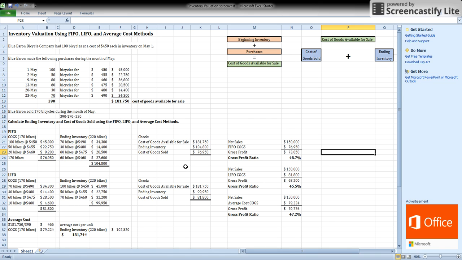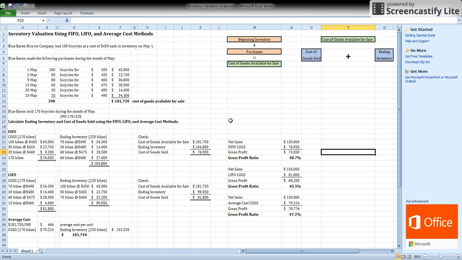The first thing that I think we should consider is that what we've got going here is rising prices. In a period of rising prices, certain things happen when you use certain inventory valuation methods.